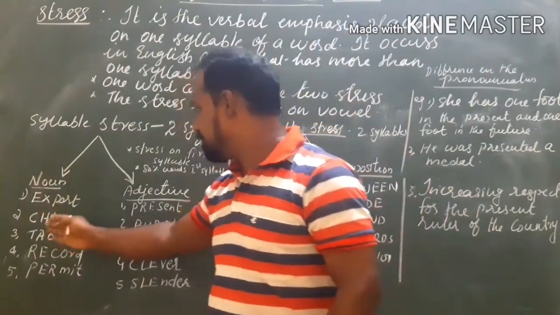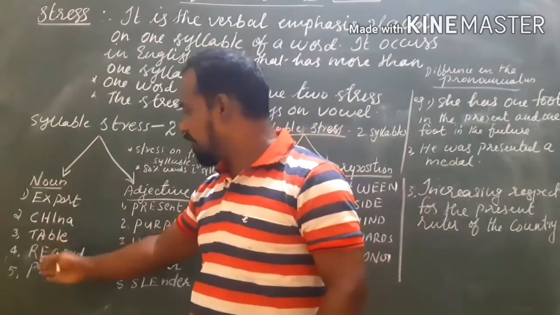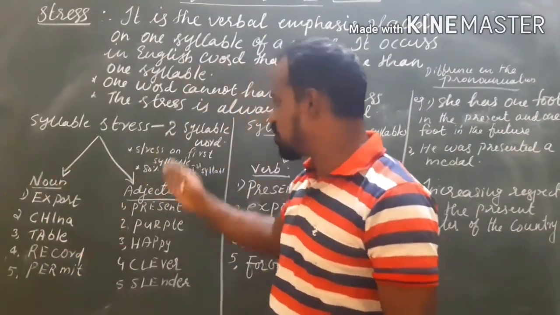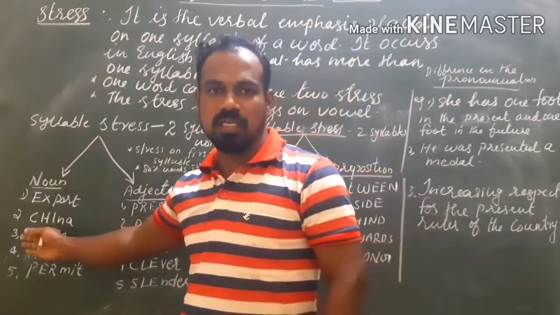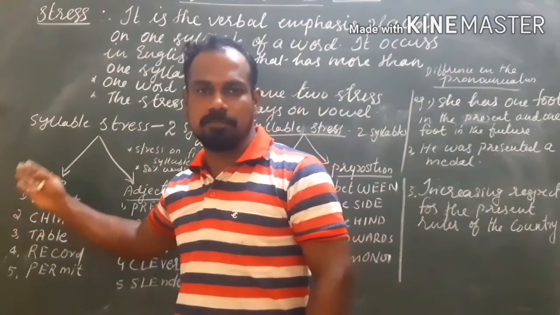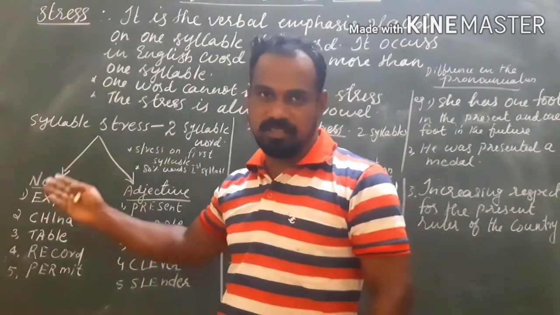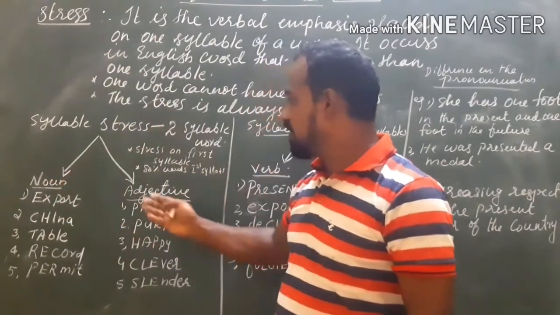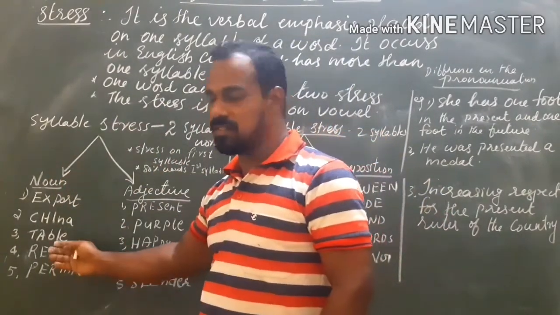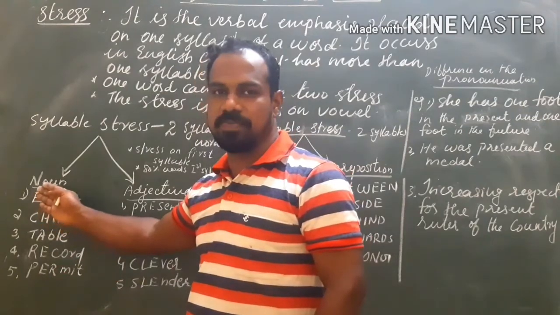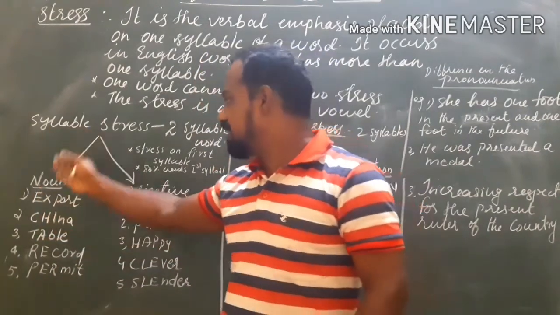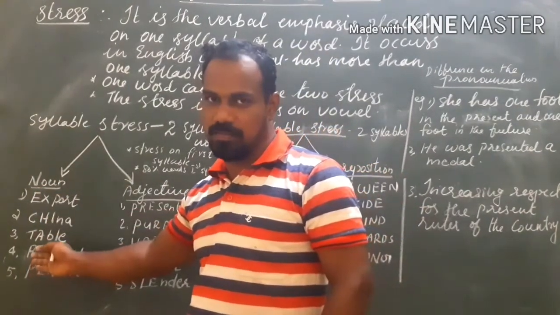Look here. I have taken five examples from nouns and adjectives. And you know, a noun is the name of a person, place, thing, or animal. It can be anything. So from there, some nouns. See, look where the stress has been given. It is only on the first syllable.